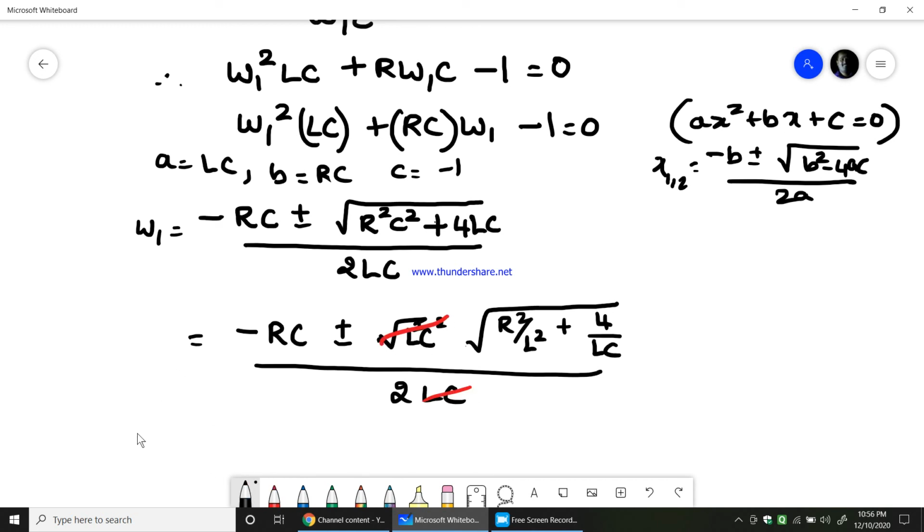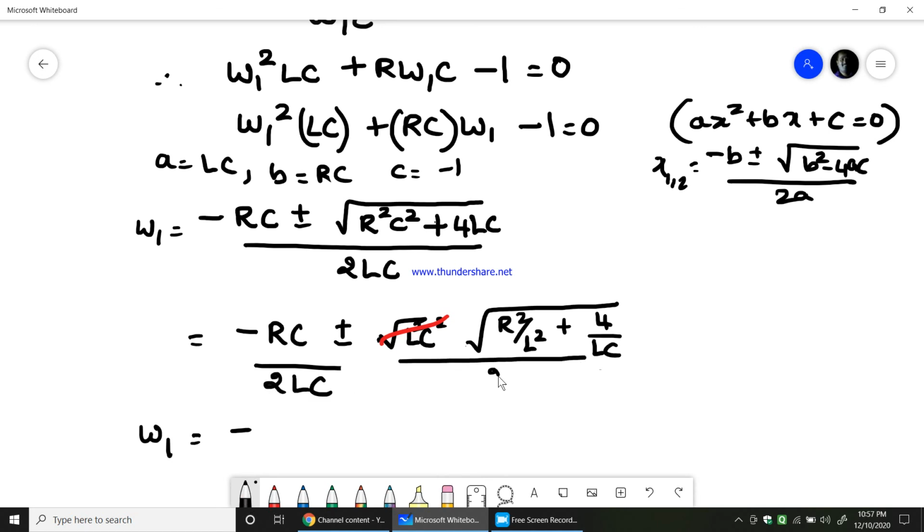Sorry, it doesn't cancel, you need to separate this term. So I'll separate it and write this: it is minus RC by 2LC, and this divided by 2LC.